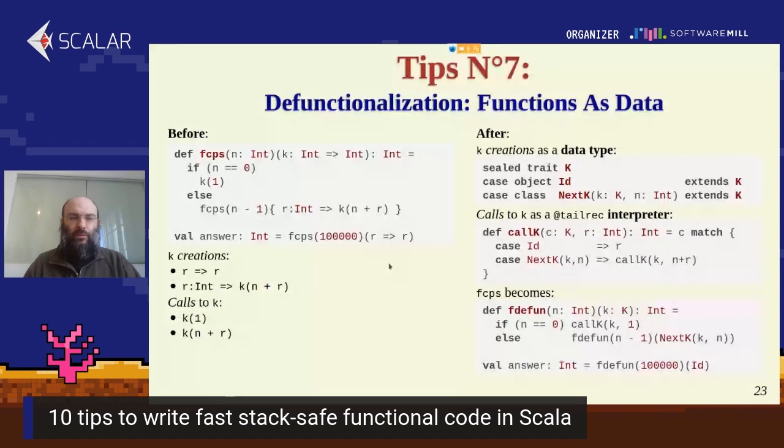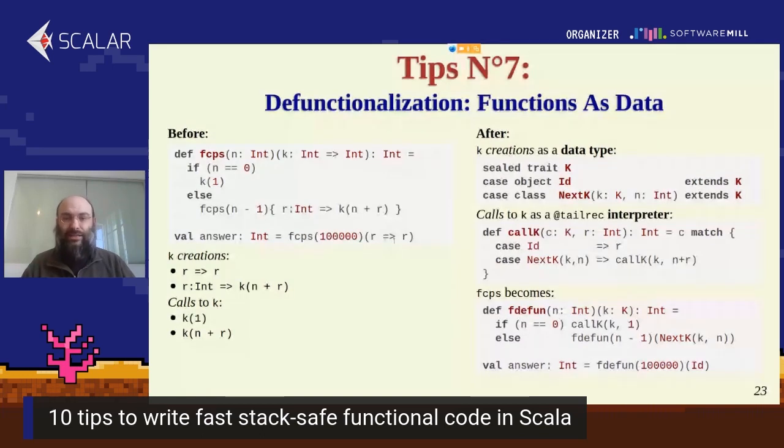So the function FCPS, what it becomes is FDefn, where every call to the function k is replaced by interpreting the data type K, and every creation of a function k is replaced by creating a value of the data type K.